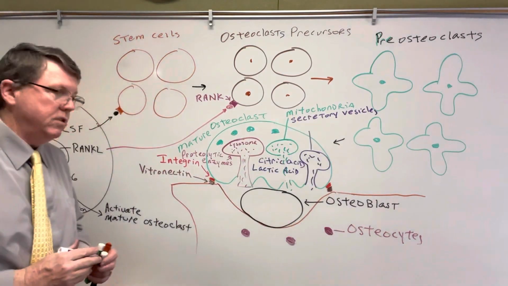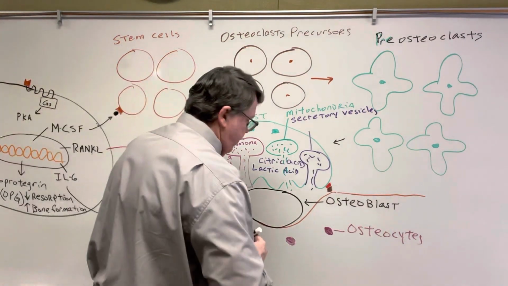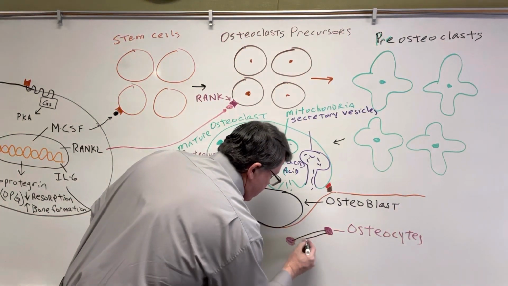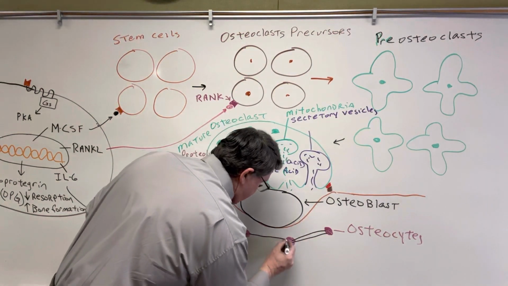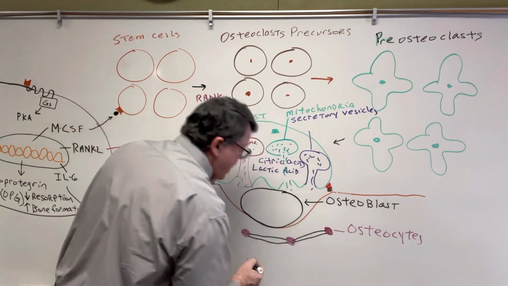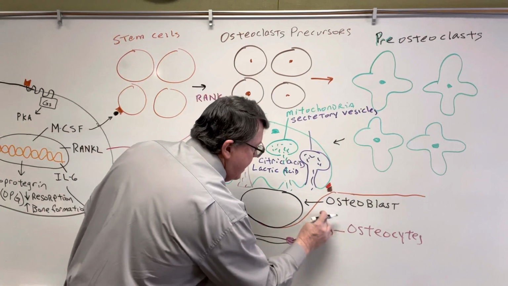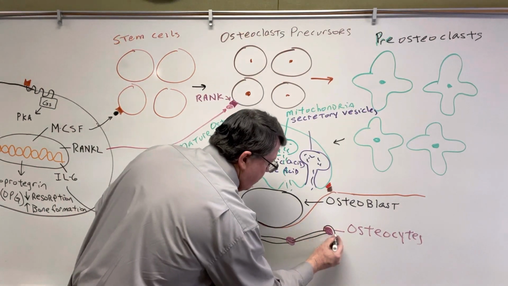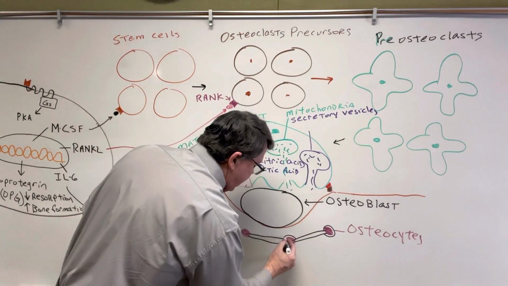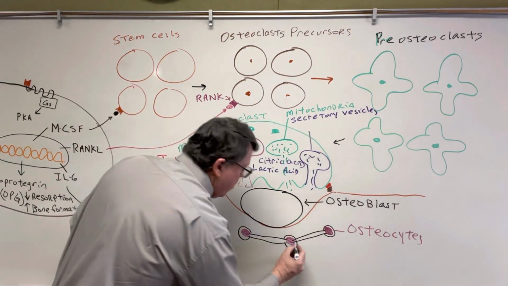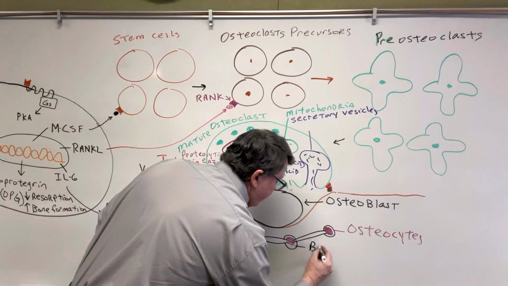Now, osteocytes are going to be connected to each other. So I'm going to draw this connection here. And I'm going to draw the connection here. And now, let's have this connection going around like this. Between the osteocyte and the actual bone, you have something called bone fluid.